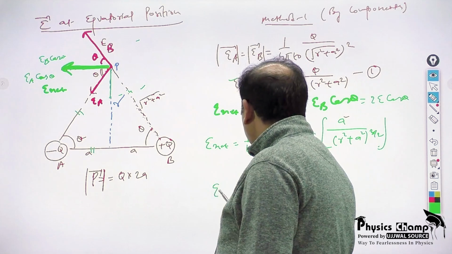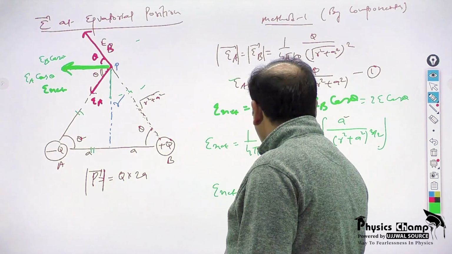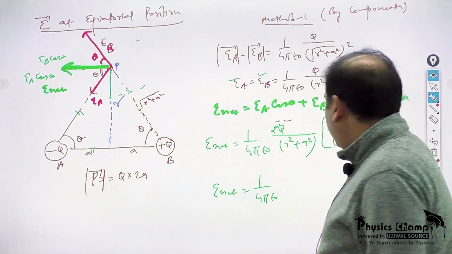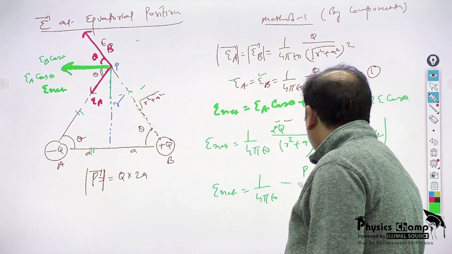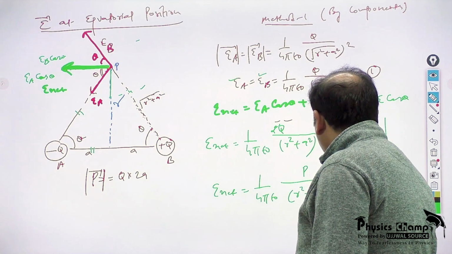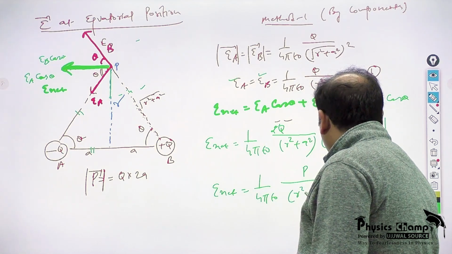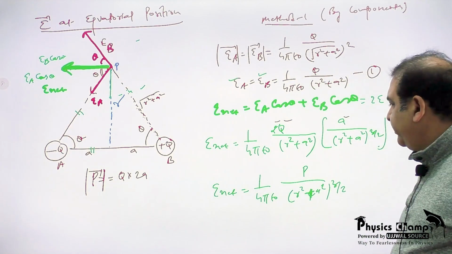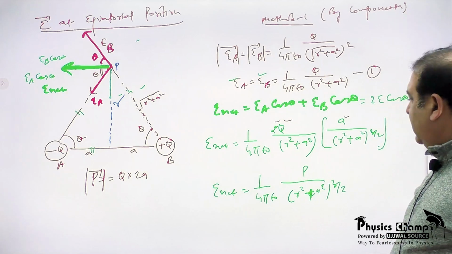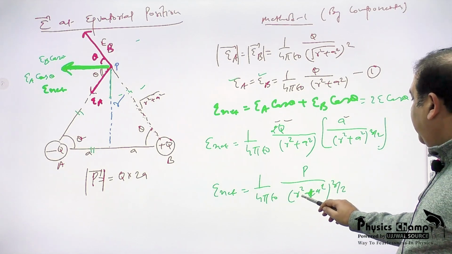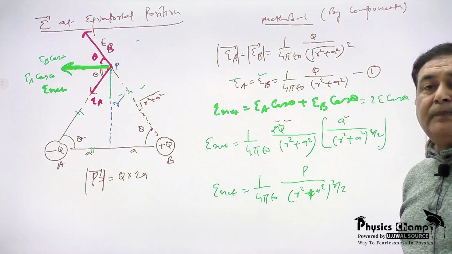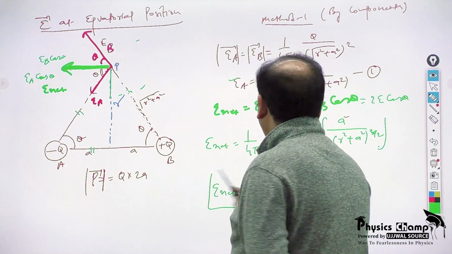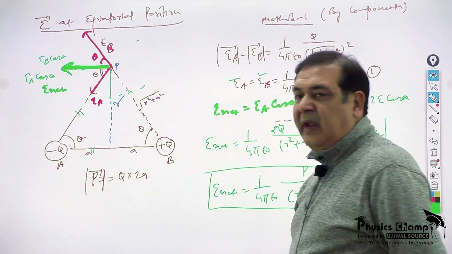So here the net electric field is 1 by 4 pi epsilon naught p by r square plus a square to the power 3 by 2. So the net electric field is 1 by 4 pi epsilon naught p by r square plus a square to the power 3 by 2, and I can call it the result that we are looking for.